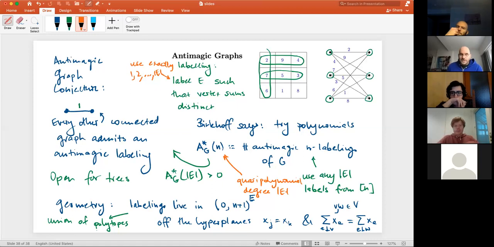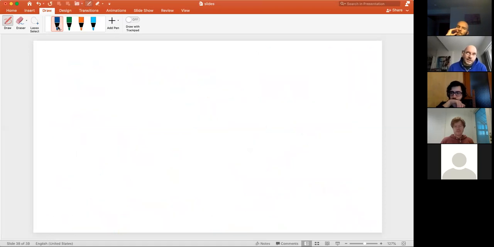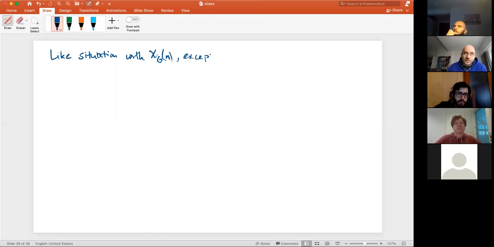Does this setup make sense? So let's see a little bit what happens. Again, this is like the situation with the chromatic polynomial and the four-color theorem and so on. But there are two differences.